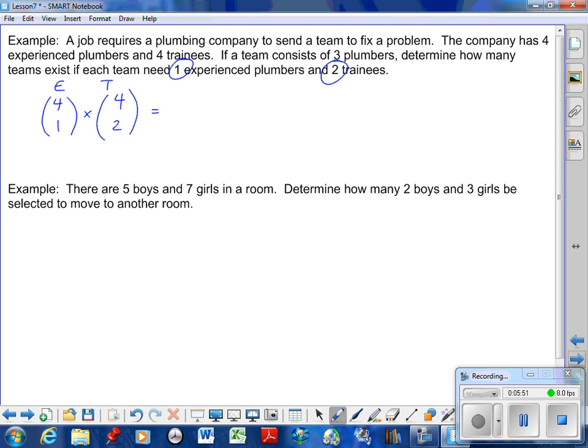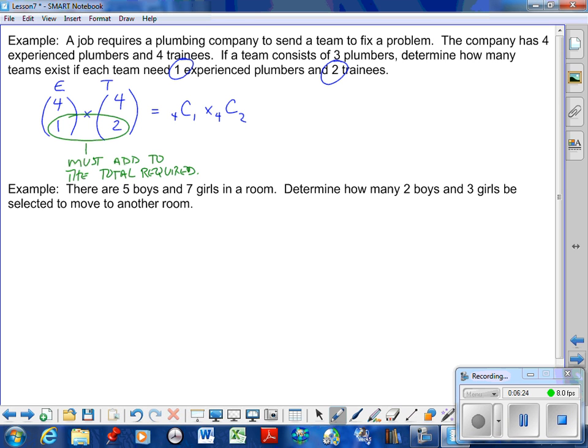This would be the same notation as 4 choose 1 times 4 choose 2. The reason I like the stacked notation is because the bottom numbers must add to the total required. I'm going to send 3 people, so it's a quick check for me. The bottom ones had better add up to 3 to make sure I have enough people.